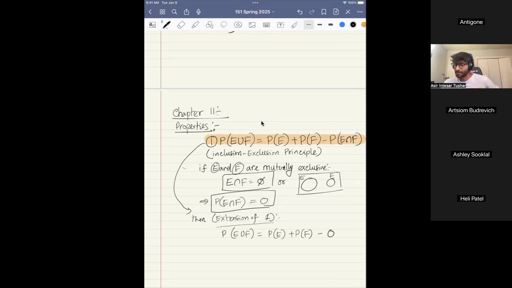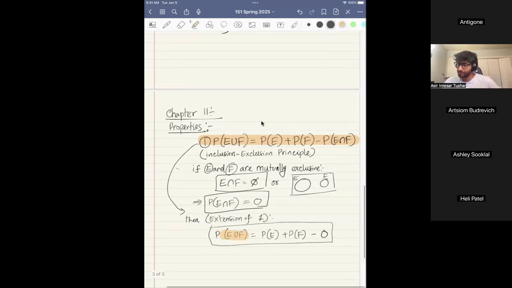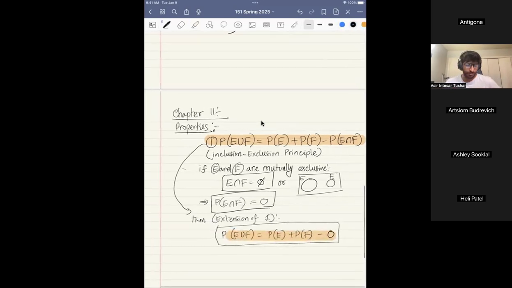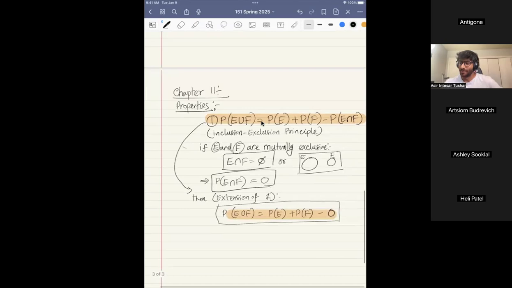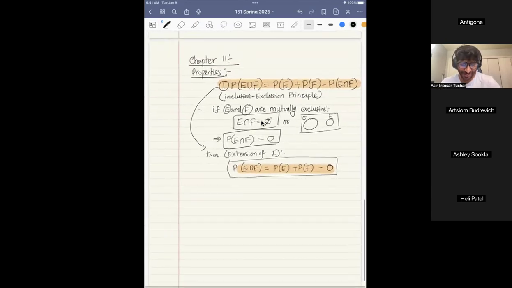This is the extension. Any question? One thing you can do is write these formulas in your note cards. You'll have to remember these ones.